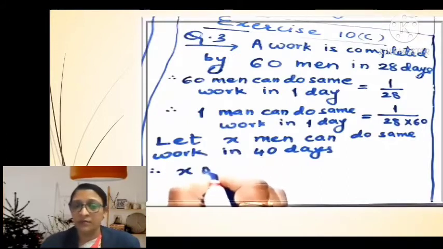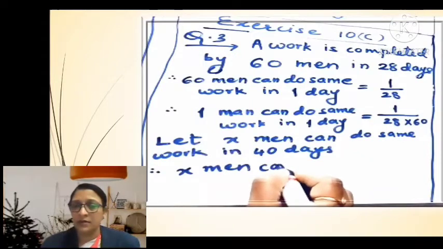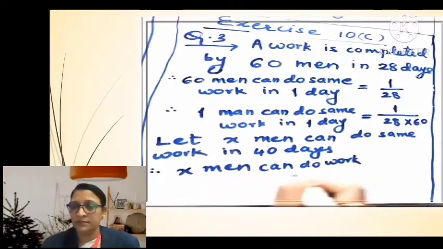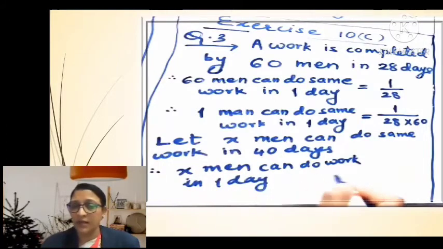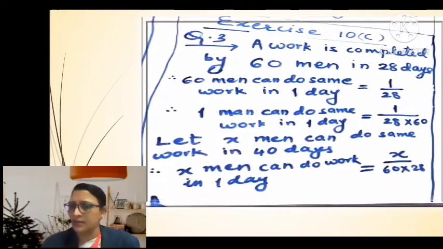So X men can do the work in one day equal to X upon 60 multiplied by 28.